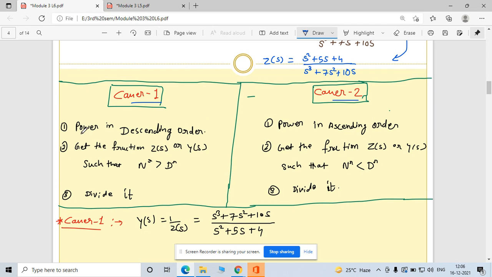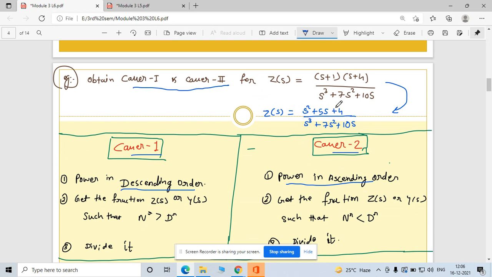Okay, so first of all, see here, in Cauer 1, what is the first step? The powers are in descending order. You have to arrange your powers in descending manner, and for the Cauer 2 circuit the powers are in ascending manner. Now see, this is in factor format, so you have to multiply both of these, and you will get the quadratic equation of this.